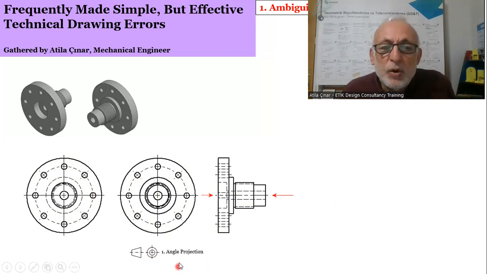This method is called the first angle projection, which means if we have a conical part here, when we look at the part from the left side, we can see two circles, obviously, but the circles are put on the right side, on the opposite side.